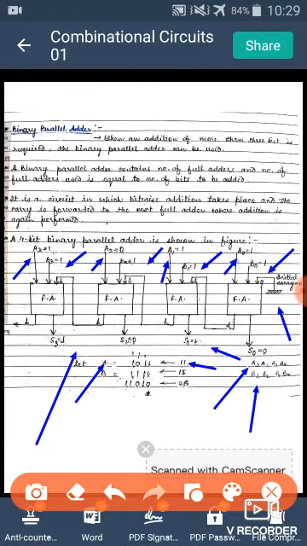Now we are taking another number B, which is simply 1111. It is just like B3, B2, B1 and B0. Here B3 stands for 1, B2 stands for 1, B1 stands for 1 and B0 also stands for 1.